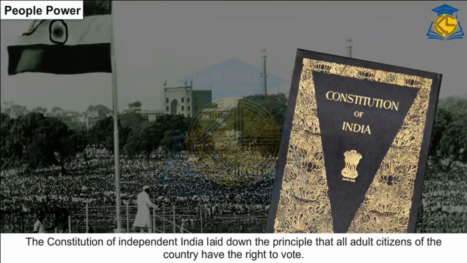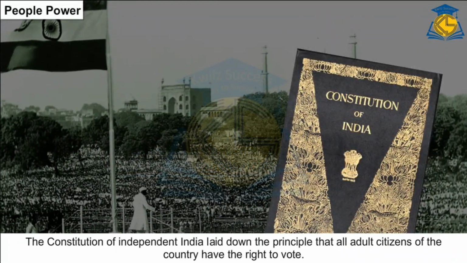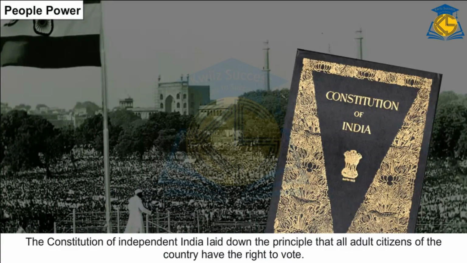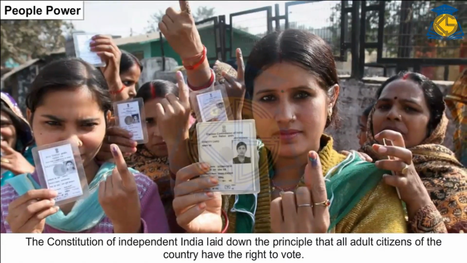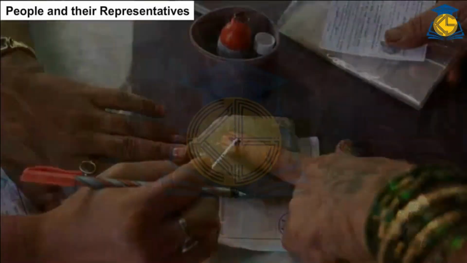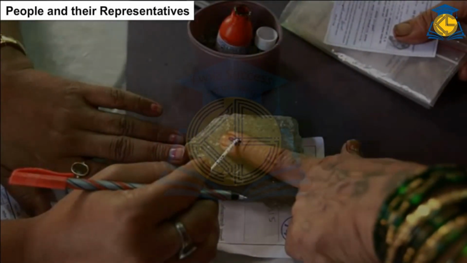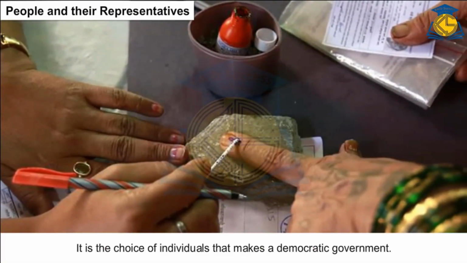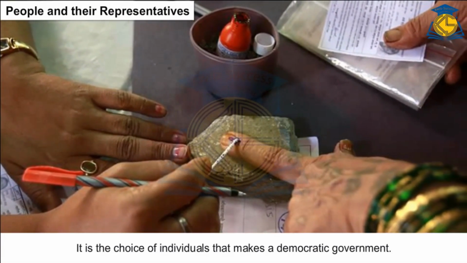The Constitution of Independent India laid down the principle that all adult citizens of the country have the right to vote. People and their representatives. It is the choice of individuals that makes a democratic government.